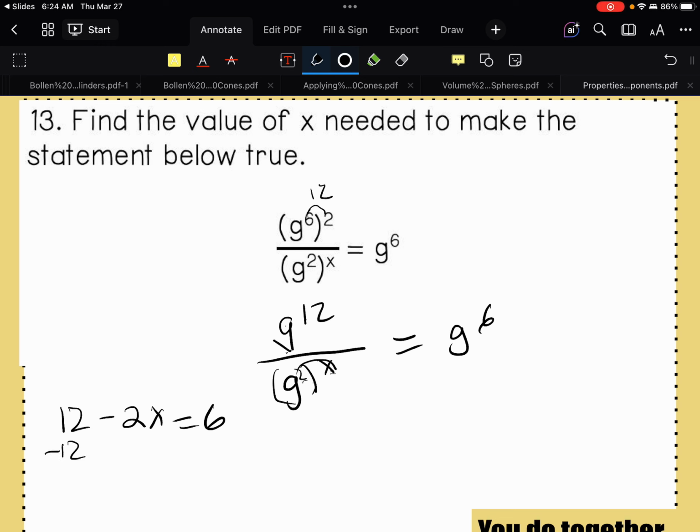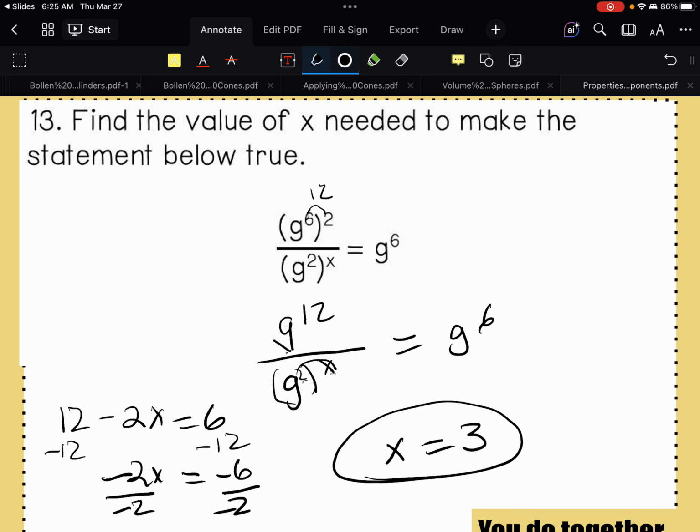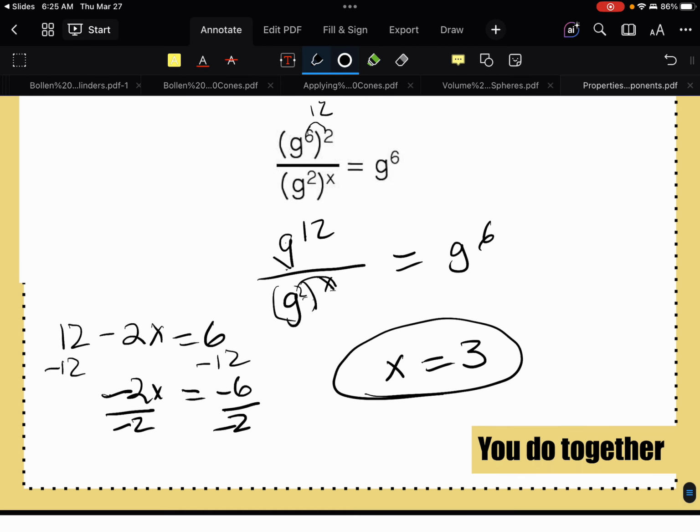So minus 12 is negative 2x equals negative 6. And then divide by negative 2, divide by negative 2. You get x is equal to 3. That is your answer.